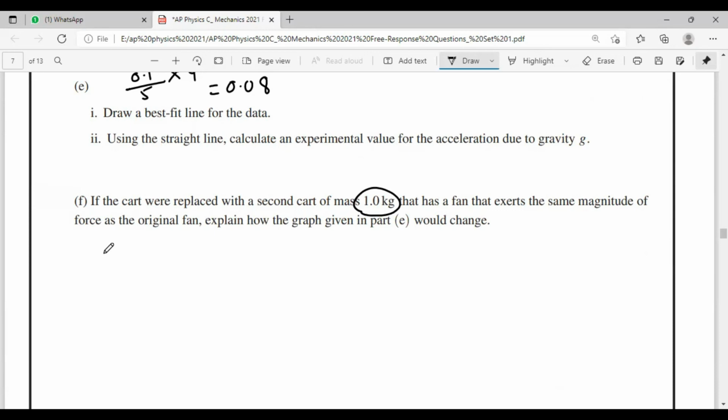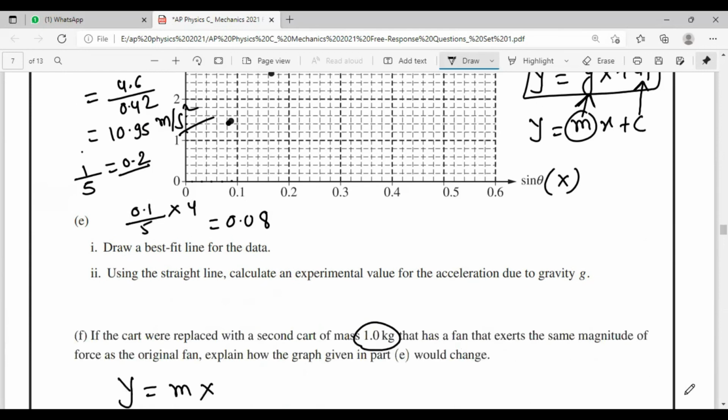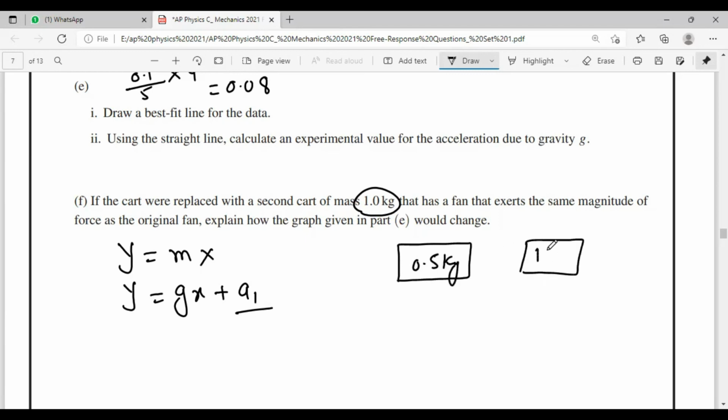As we know, the graph will be y is equal to mx plus c, and the equation was y is equal to gx plus a1, right? So what will happen? The previous mass was 0.5 kg and the new mass is 1 kg. What is a1?